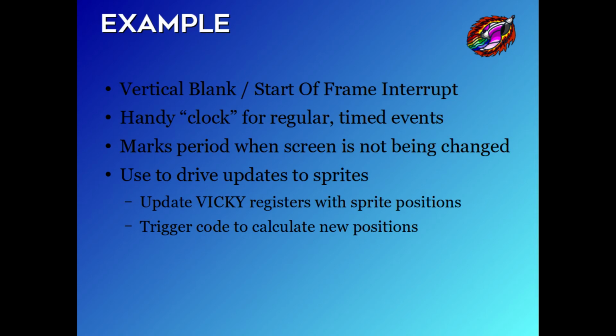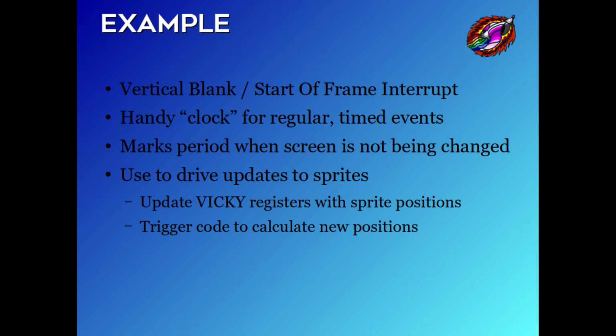Most graphics processing chips have some way that they can trigger an interrupt on every frame of the picture. The way an old CRT would have been drawn is that you have this electron beam that scans across from left to right and top to bottom over the actual screen.